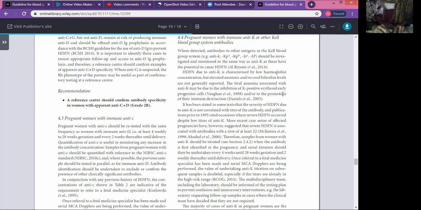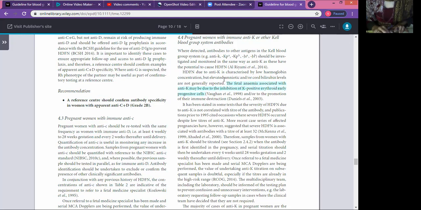It has been stated that the most common such cause is that they may not have much of a hemolytic component, but fetal anemia is associated because KEL antibodies cause inhibition of K positive erythroid cells. The K positive erythroid early progenitor cells are the ones that are affected.